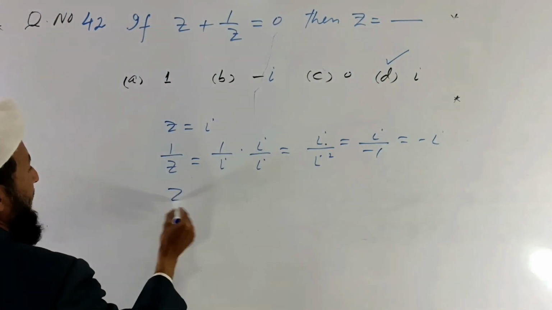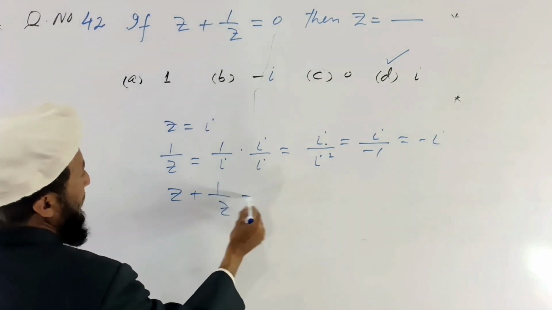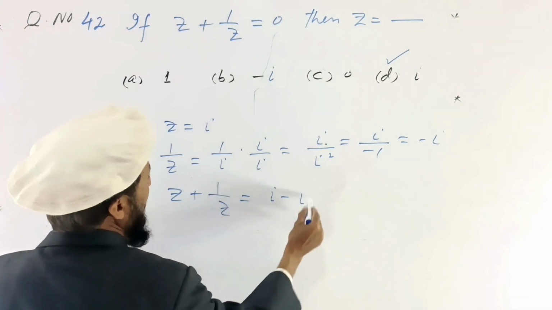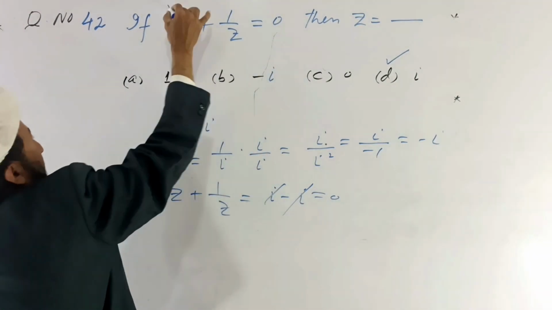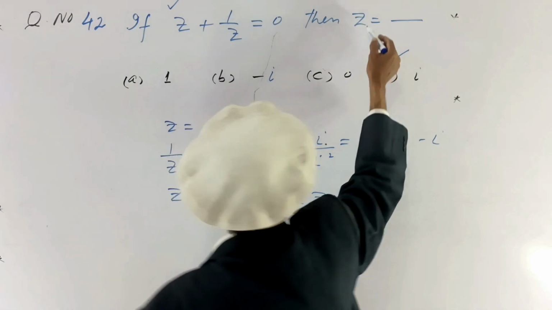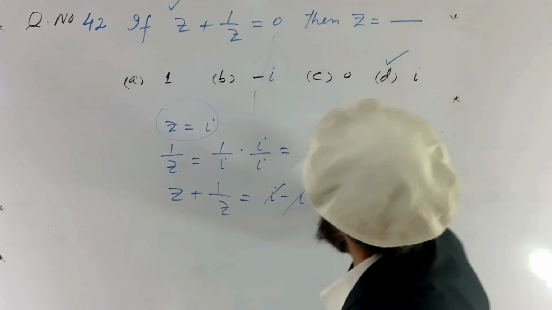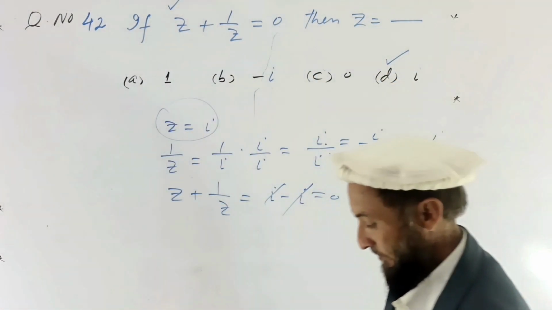If we add z plus 1 over z, the result is iota minus iota, both are 0, so z plus 1 over z is already given, then the value of z will be equal to iota.